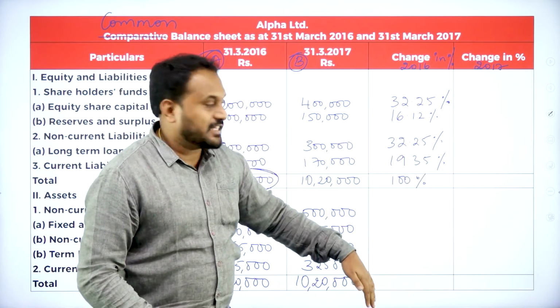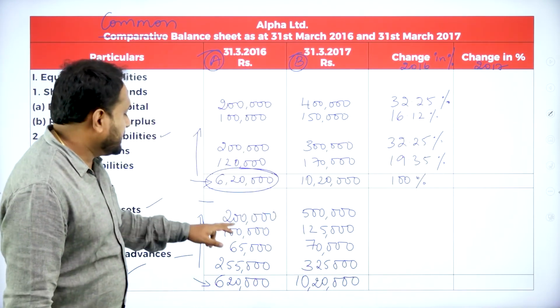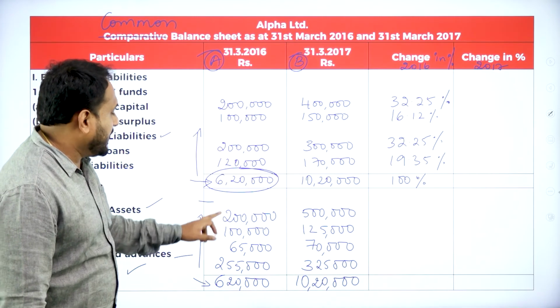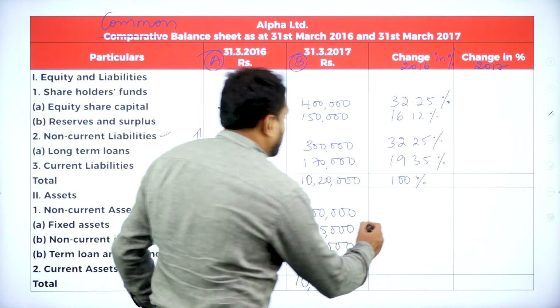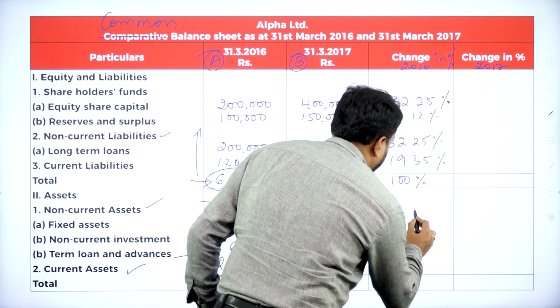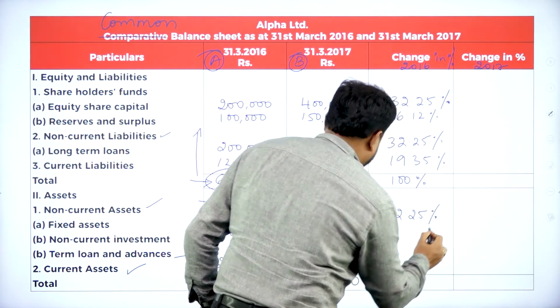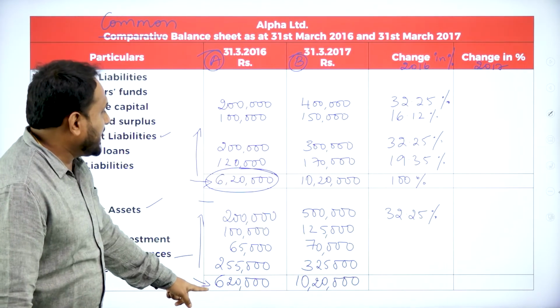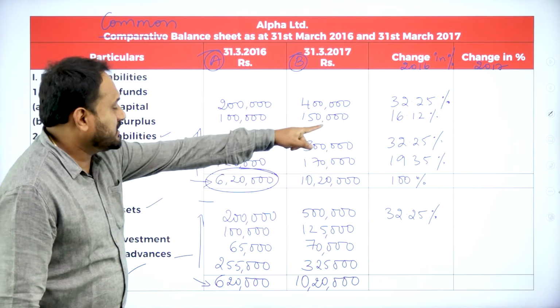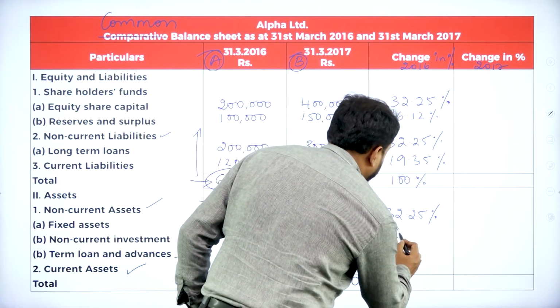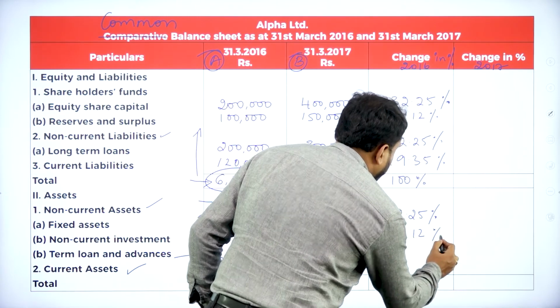The same way, here you should go with 2 lakh divided by 6 lakh 20. Now 2 lakh divided by 6 lakh 20 is how much? 32.25 percentage. Now 1 lakh divided by 6 lakh 20 is 16.12, so we write 16.12 percentage.